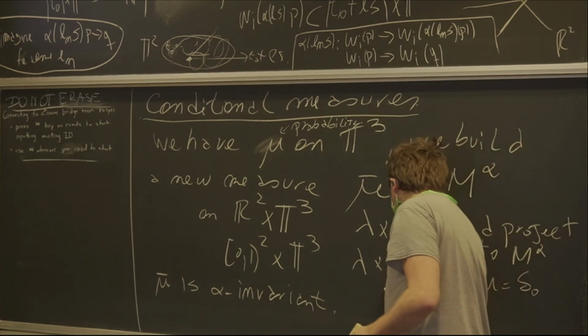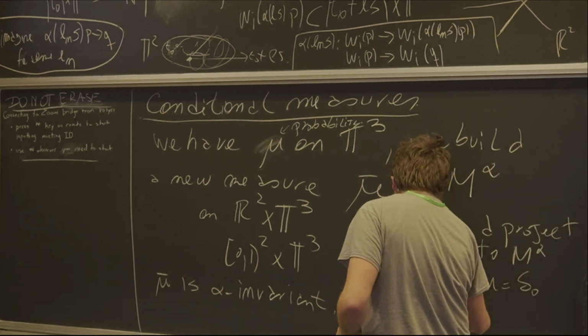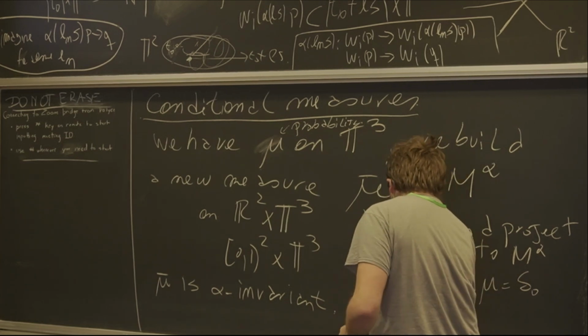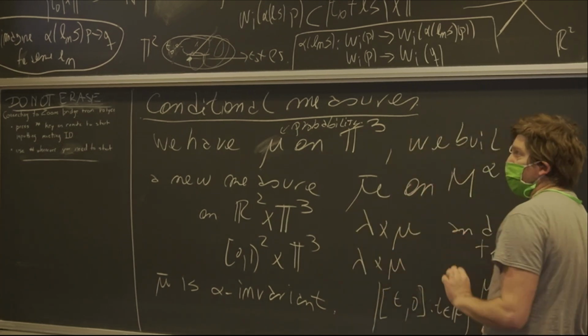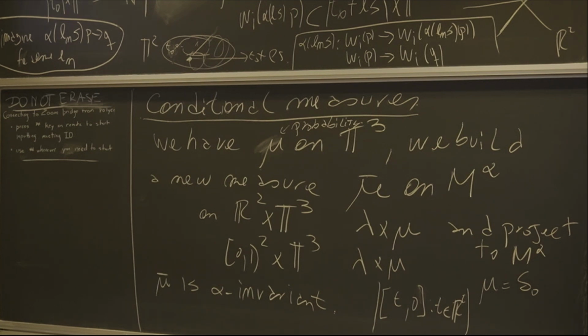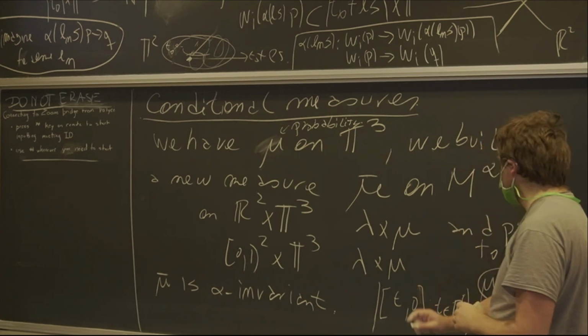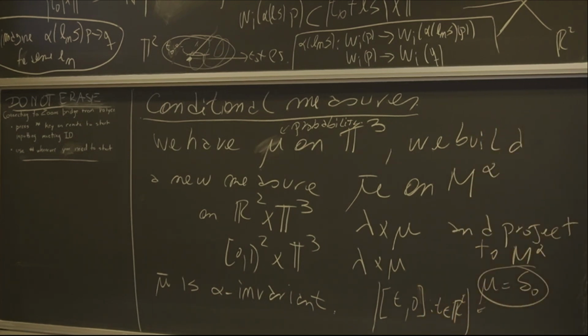So it's this copy of the torus T2, and it's Lebesgue measure on this copy of the torus T2. That's mu bar in this example. And if you have a periodic orbit, so a finite orbit for the action, then you will have some torus still.